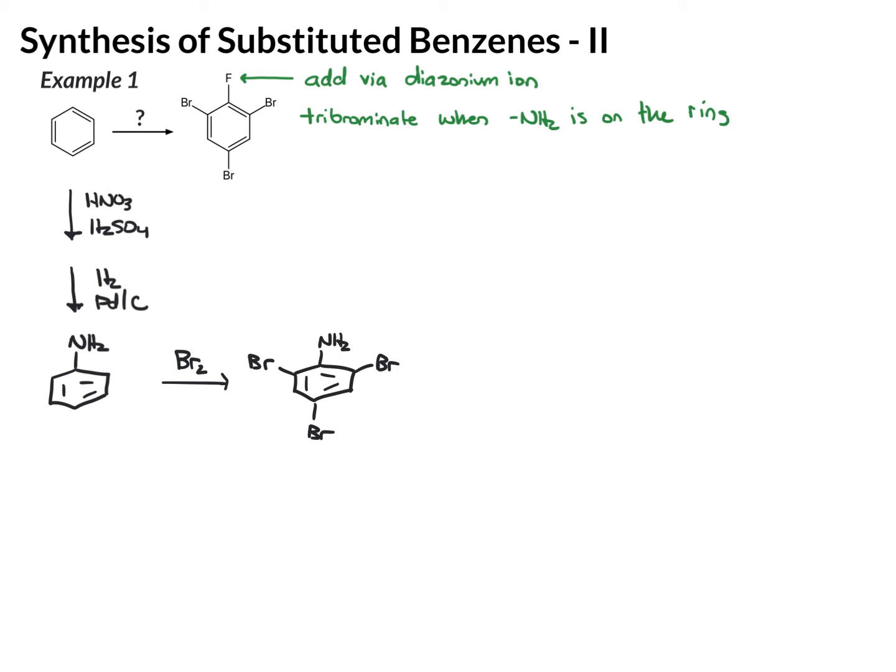To do that, let's convert the amino group to a diazonium ion. We use sodium nitrite and HCl. From here, now we can convert that to the aryl fluoride using the reagent HBF4.